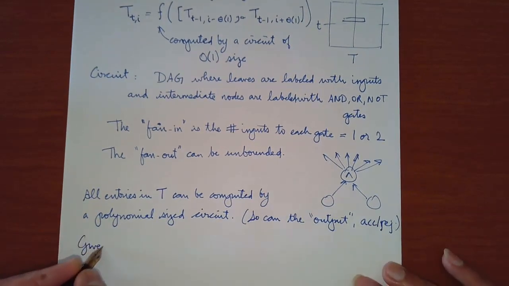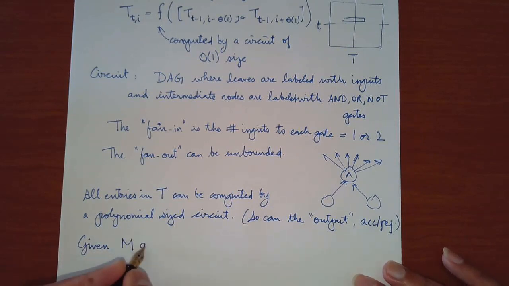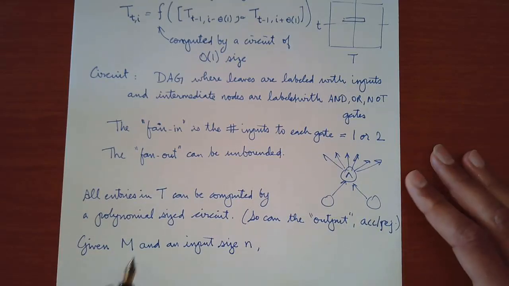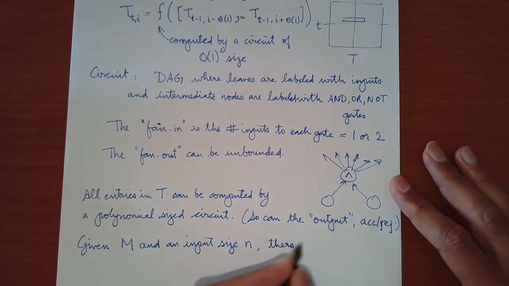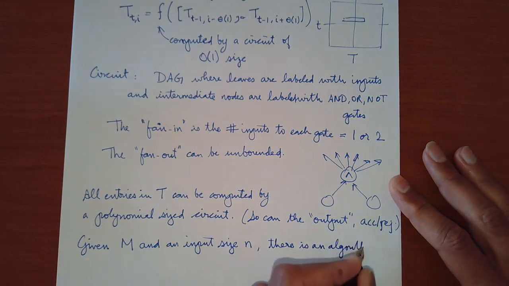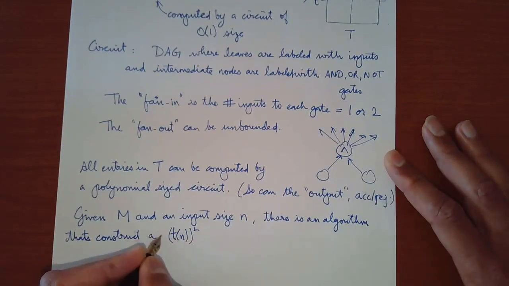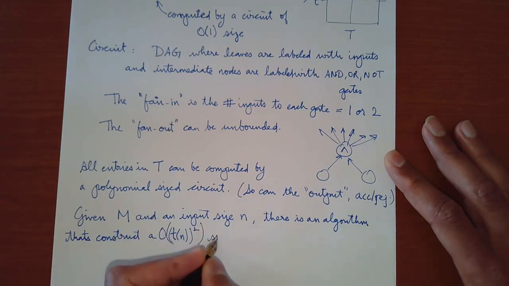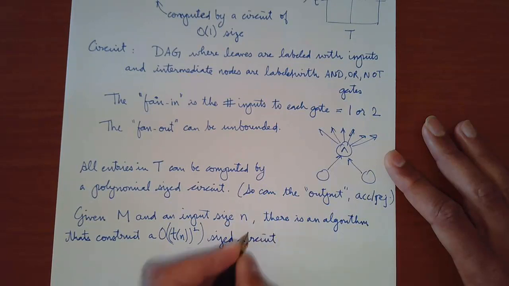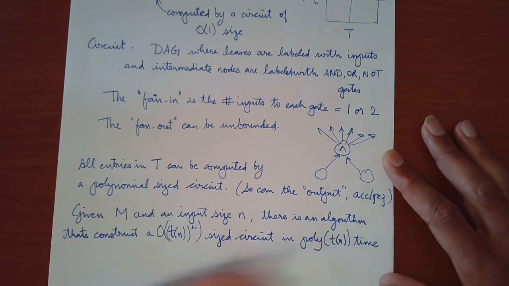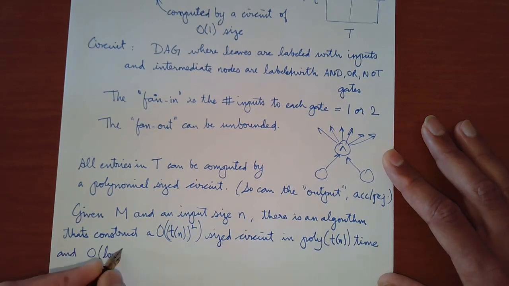So what this means is that given the Turing machine M and an input size n, this is going back to what I said earlier, which I was confusing, there is an algorithm that constructs an O of T of n squared sized circuit in poly T(n) time and O of log T(n) space.